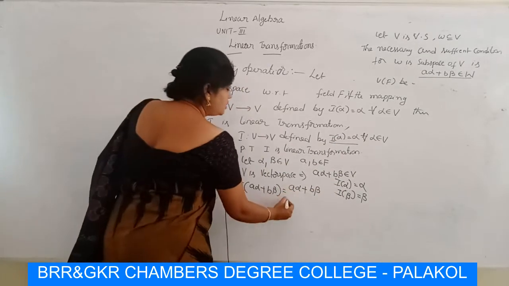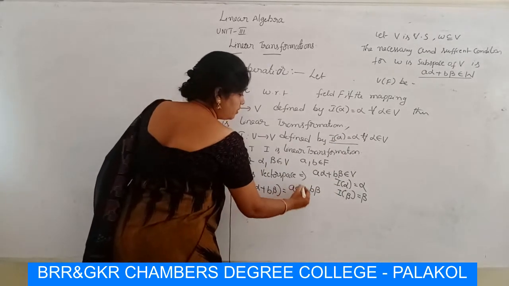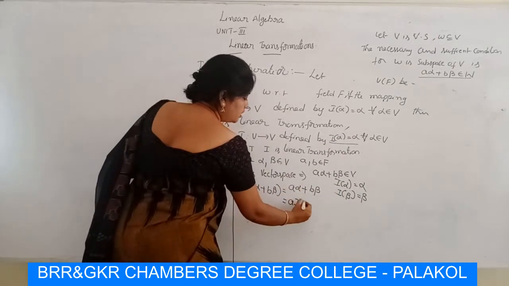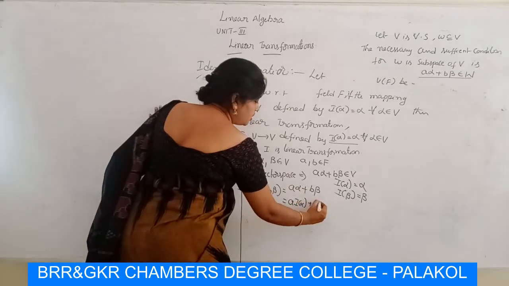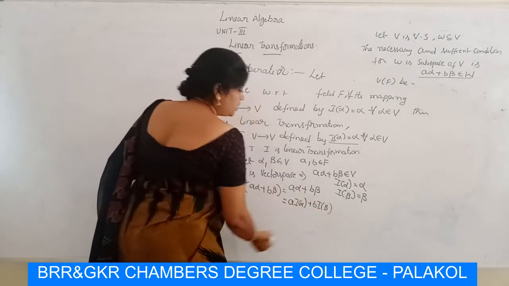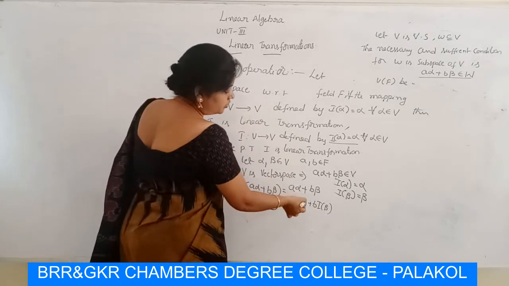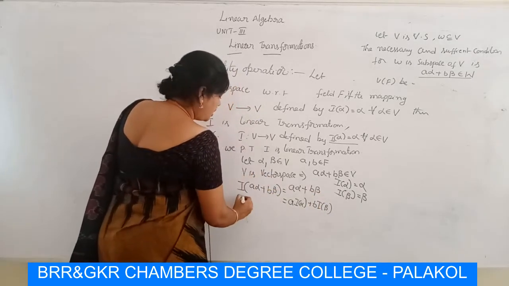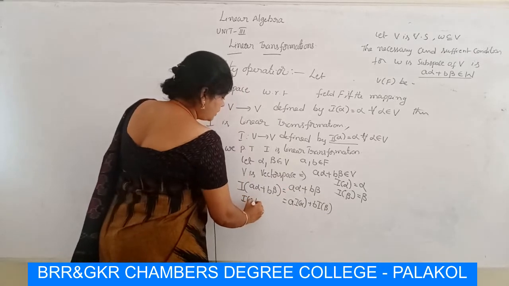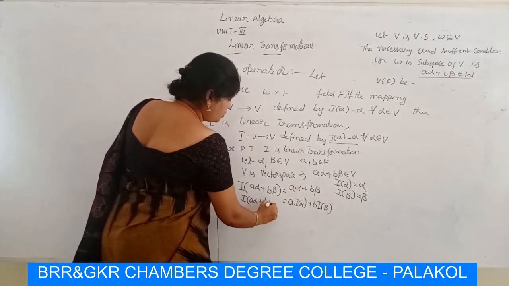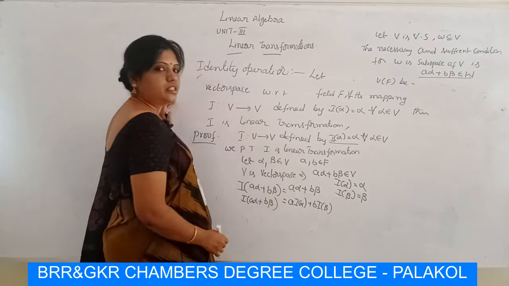Now this can be written as A into I of alpha and B into I of beta. Then we get I of A alpha plus B beta is equal to A into I of alpha plus B into I of beta. So the linear transformation property is satisfied.